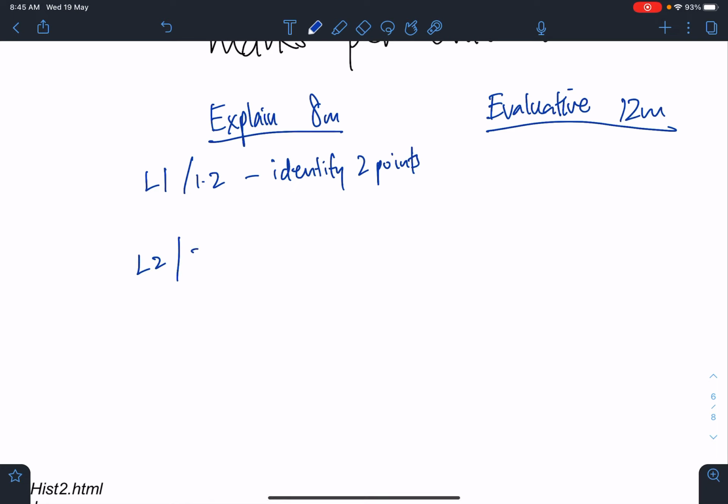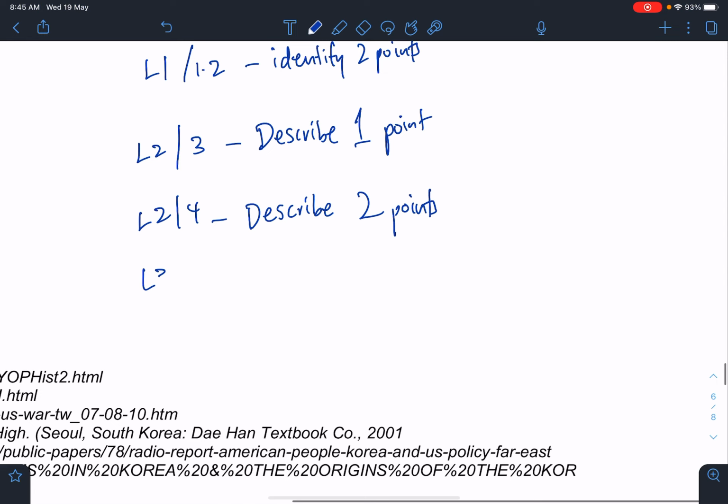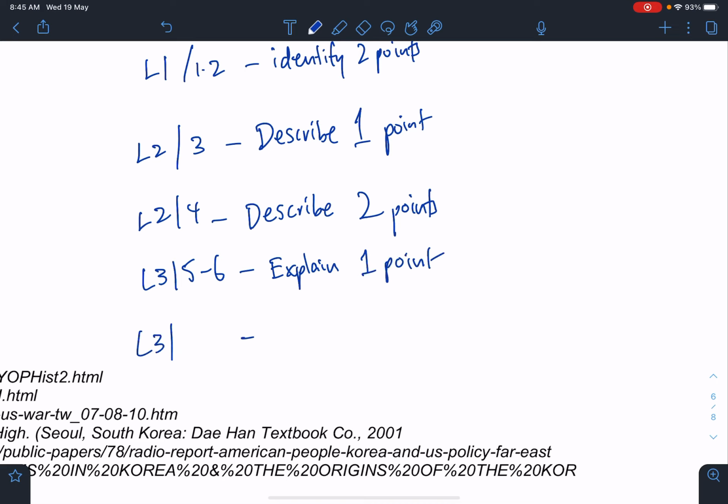L2, 3 and 4, is if you describe 1 point. Whereas L3, 5 to 6, is if you can explain 1 point. L3, 7 to 8, or they call it L4, is if you can explain 2 points.